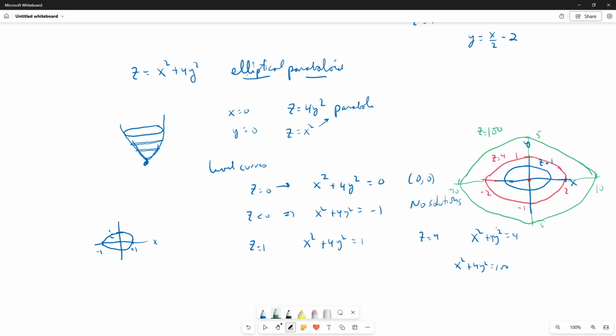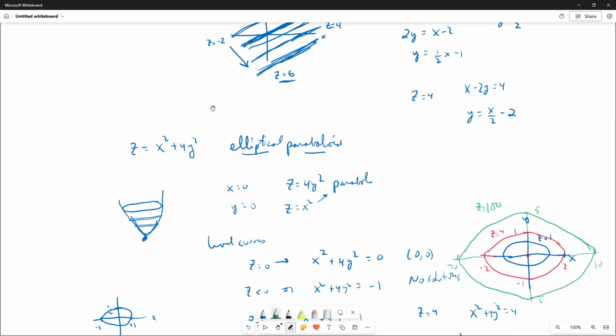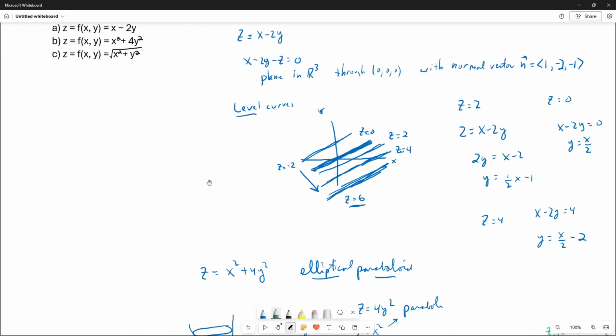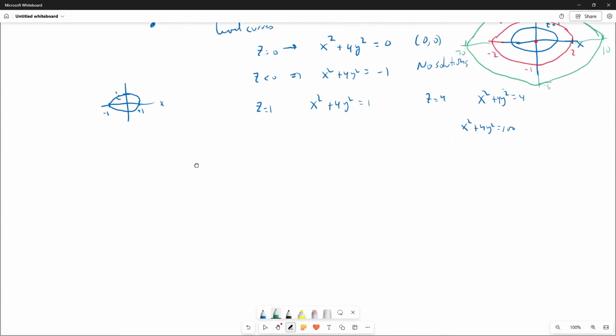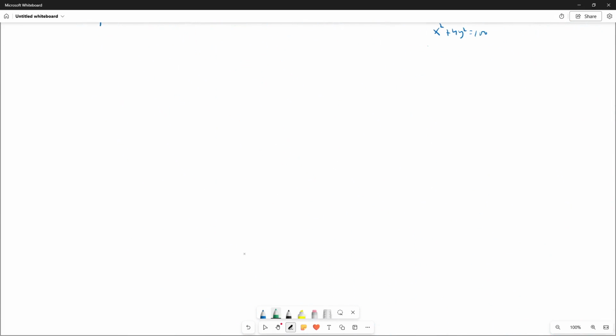So that second one was an elliptical paraboloid. And the last surface was z equals the square root of x squared plus y squared.